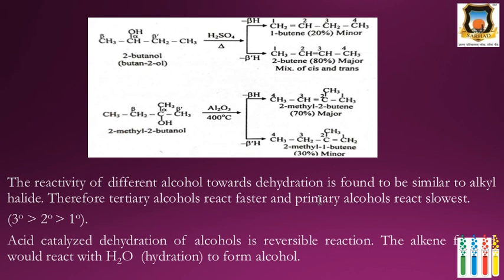Therefore, the reactivity order is tertiary alcohols more reactive than secondary, which are more reactive than primary. And the acid catalyzed dehydration of alcohols is a reversible reaction, and the alkene formed would react with water to form alcohol.